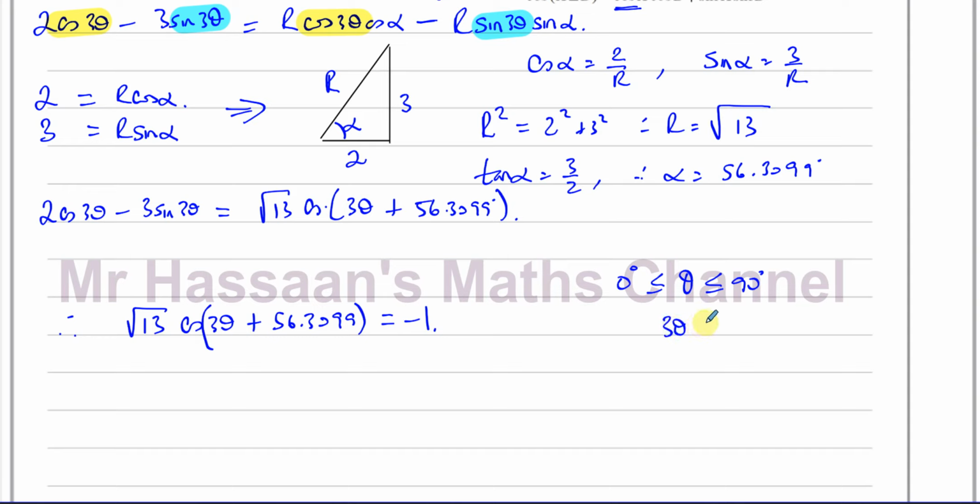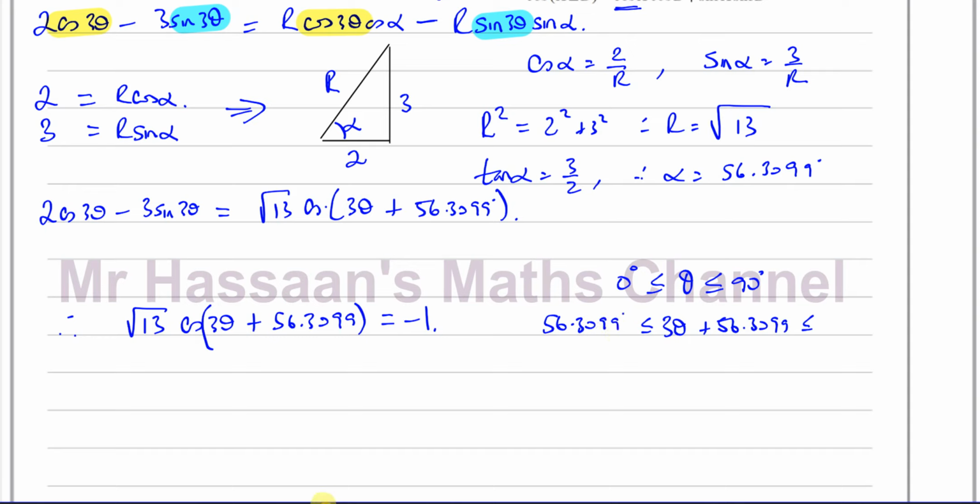So we have 3 theta plus 56.3099. And what we have to do is just, whatever's done to the theta is done to these two limits. So this is 0, 3 times 0 is 0. So the first angle must be 56.3099.